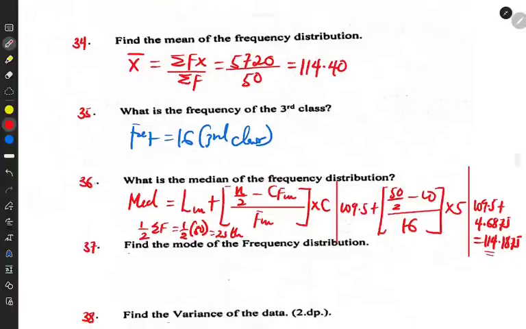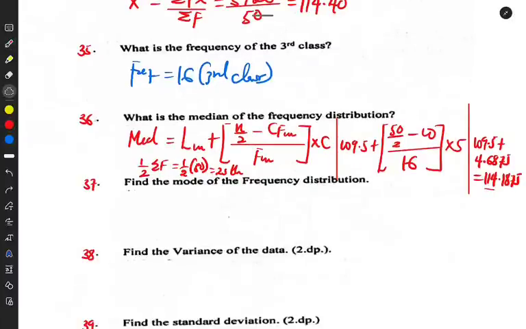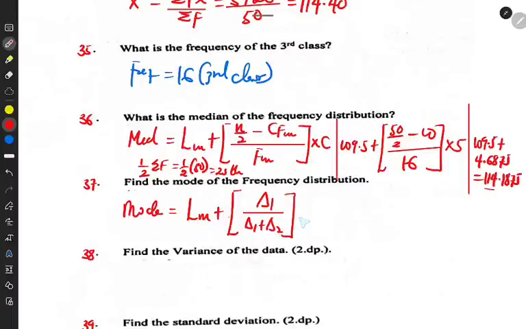So let's take note of that. Question 37: find the mode of the frequency distribution. Here, our mode for a grouped frequency distribution is equal to the lower class boundary of the modal class plus triangle 1 divided by triangle 1 plus triangle 2, all multiplied by the class size.